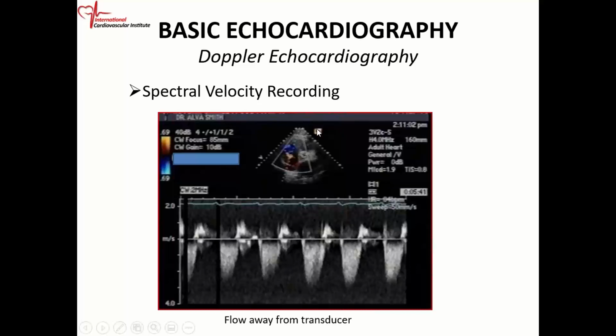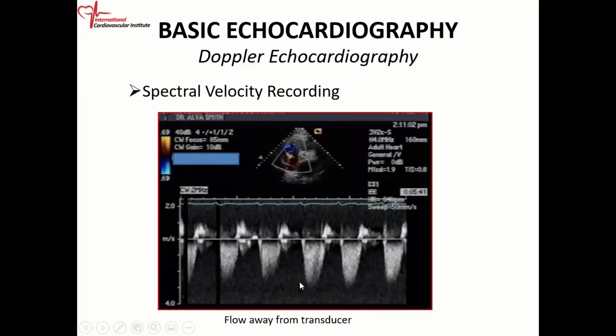So the transducer is right there, short axis at the level of the aorta, and this is the cursor. The cursor is across the tricuspid valve, and you press Doppler, and this is actually continuous wave Doppler, but we haven't got there yet. So you press Doppler, and you get this envelope.